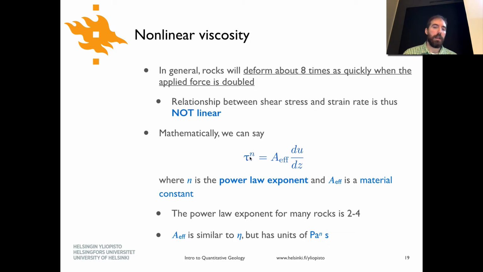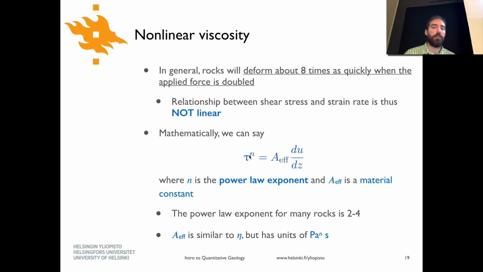And so this n is the power law exponent, and you're going to look at this in the exercise for this week to look at different power law exponents for ice to see how they change the way in which the ice flows down a valley glacier. And for most rocks, we look at values of n that are somewhere between 2 and 4. So a value of 3 would give you this 8 times as quick deformation when you double the force that's applied.